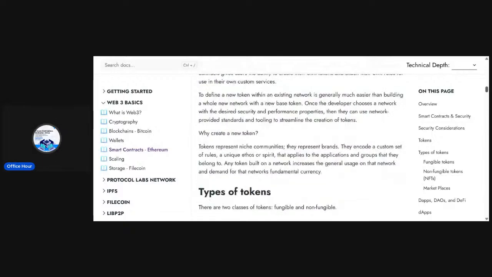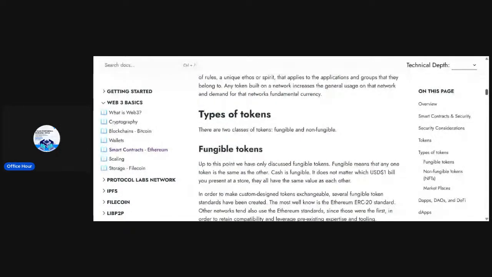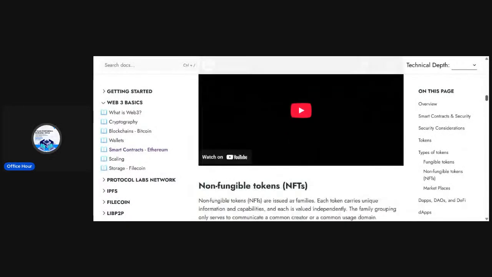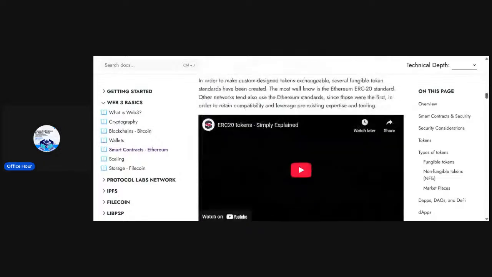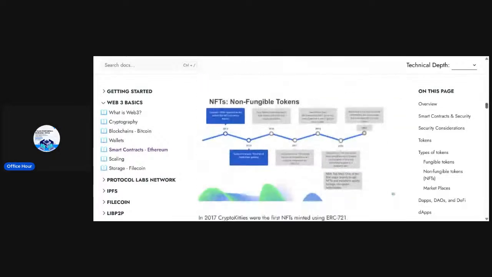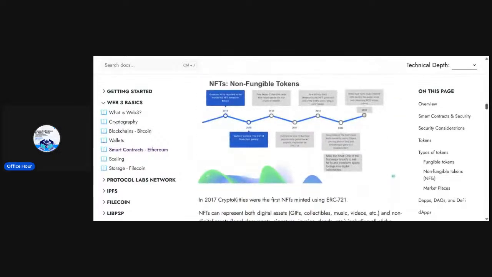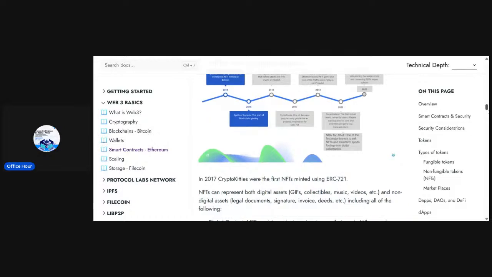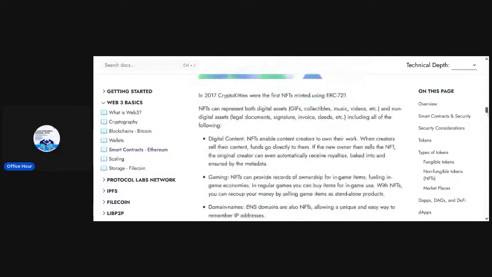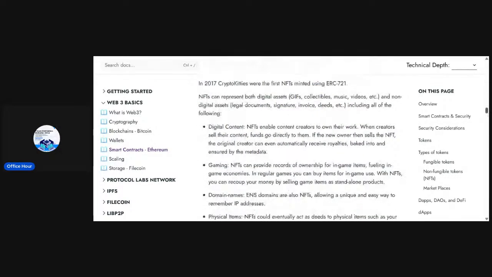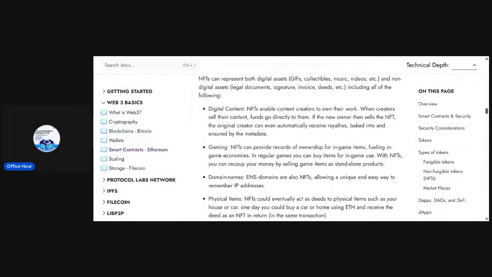We have fungible and non-fungible tokens as well. This is an illustration of the NFTs from 2024 down to 2021. It's not yet an updated version, but this is how it has metamorphosed over time.